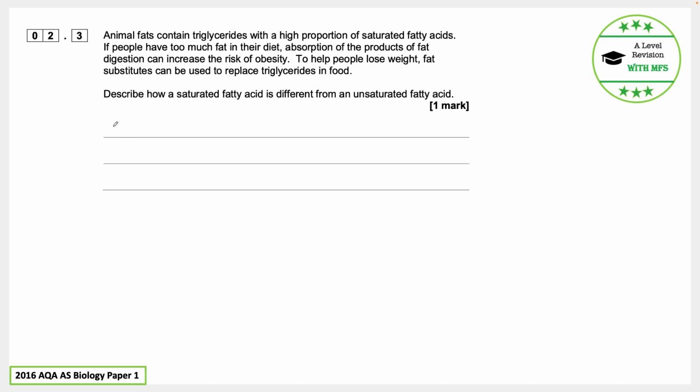What you need to say is that saturated fatty acids contain only C to C single bonds, okay? And that will get you the mark.